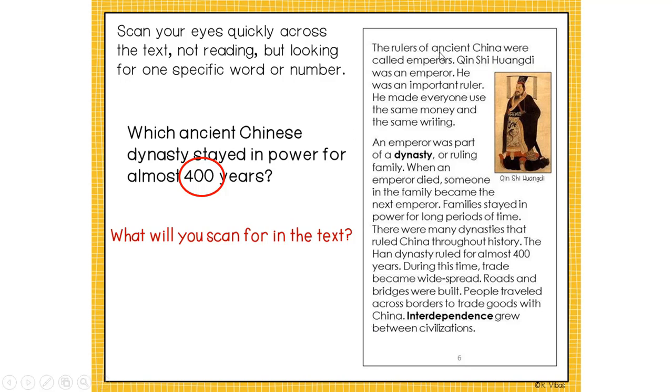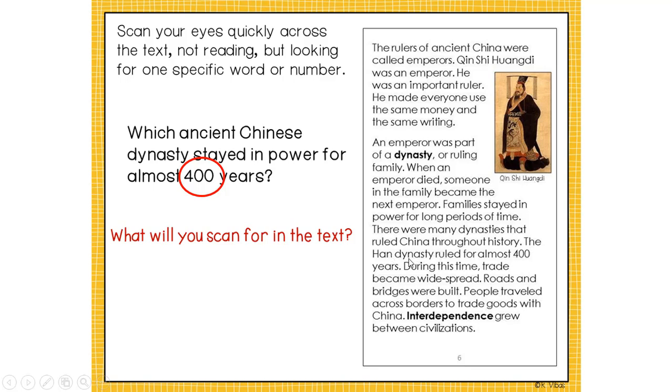So as we're looking over here, let's really look, quickly go through this, and I'm looking for the number 400. And we're going to keep searching for that number. And I see right here, 400 years. And let's see, which one ruled for 400 years?